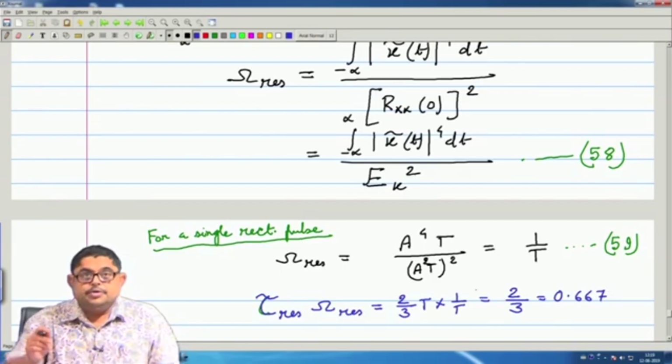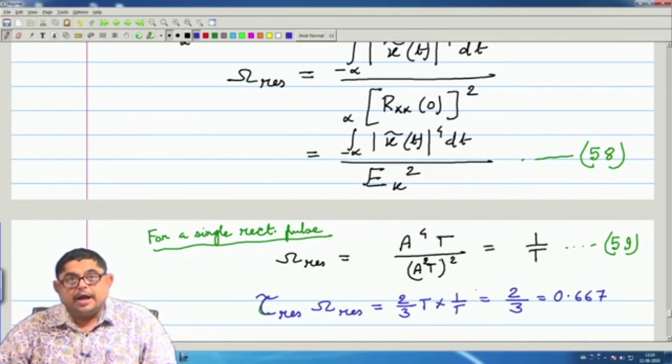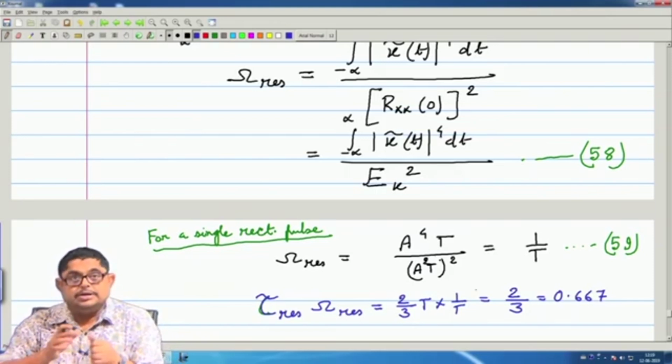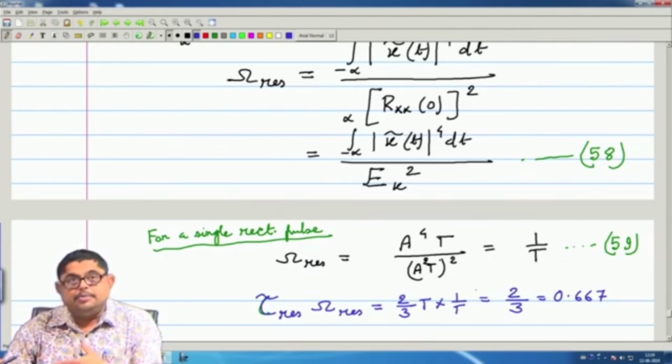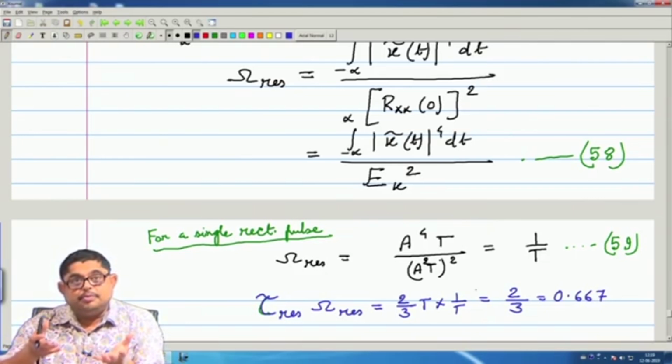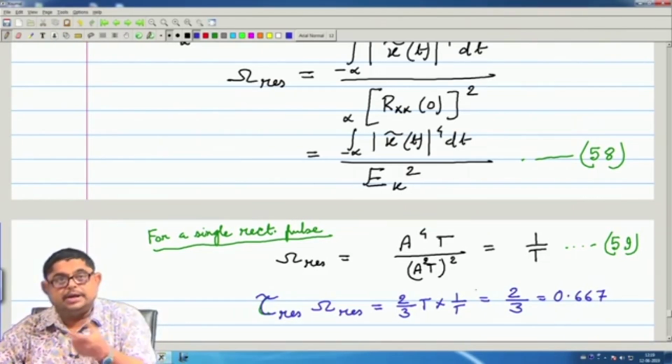Okay. So you see that the effect of all this is that resolution in delay and resolution in Doppler, their product is constant. So if you want a fine resolution in one domain, the other will always suffer. So this is a drawback, because if you want to make one smaller, the other will increase.